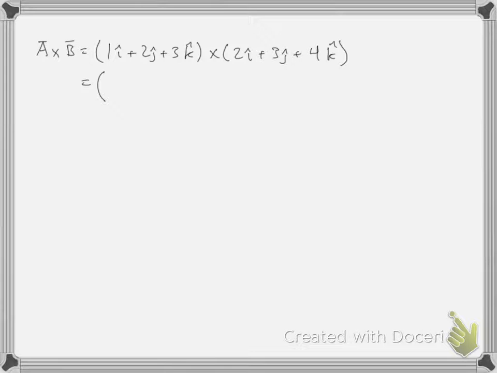So AYBZ means we have, let's do it like this, AX, AY, AZ, BX, BY, BZ. AY, BZ: 2 times 4, minus AZBY: 3 times 3. This was the I hat component. Then we subtract, what was that one?